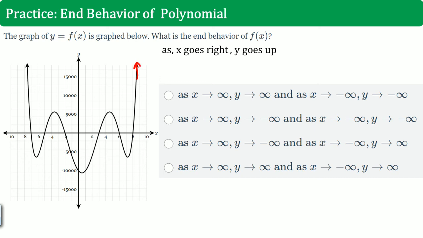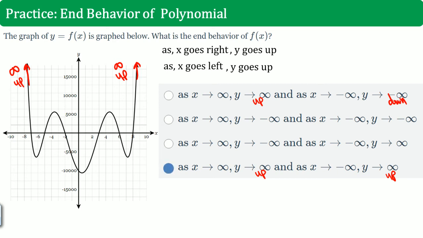So this is up here and this is up here, right? Then as x goes to the left, what happens? Y also goes up, to positive infinity. So which one has positive infinity? This one is up, this one's down. So the answer would be this one.